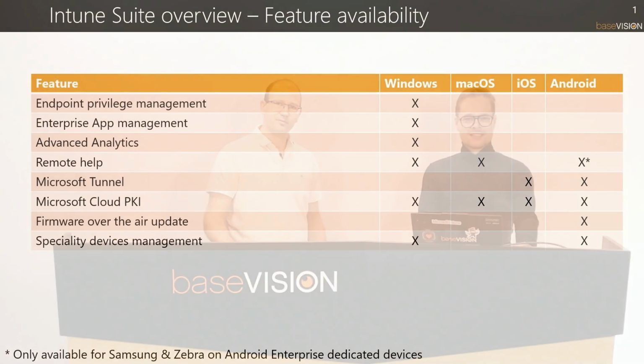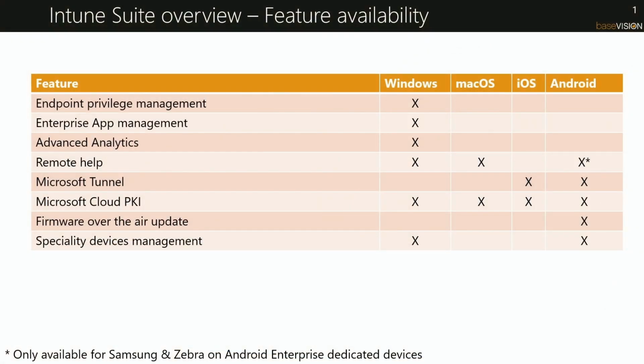Can you explain a little bit what features are part of the Intune Suite? Of course, let's go into it. There are a lot of useful features in Intune Suite. We prepared a list. Part of Intune Suite is, for example, EPM to control your applications, the elevations of the applications. Then the enterprise app management to deploy those applications. The advanced analytics to see insights of your devices within your organization.